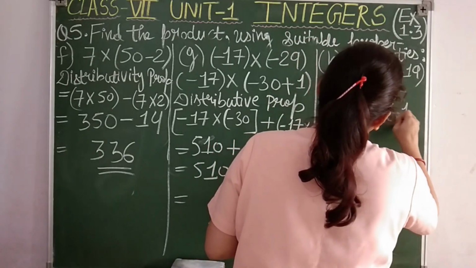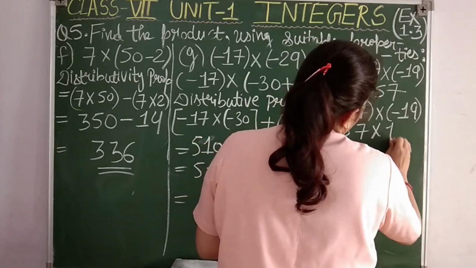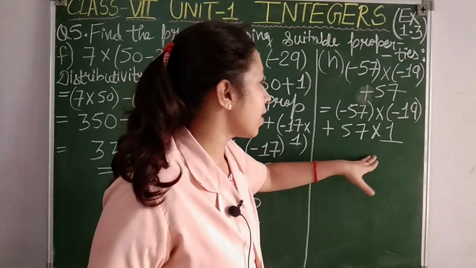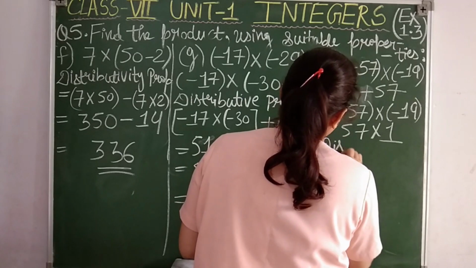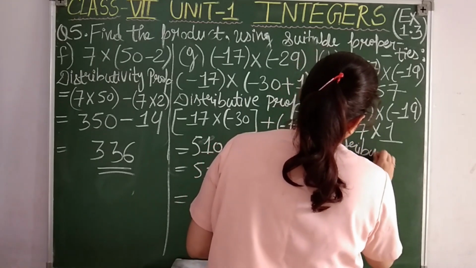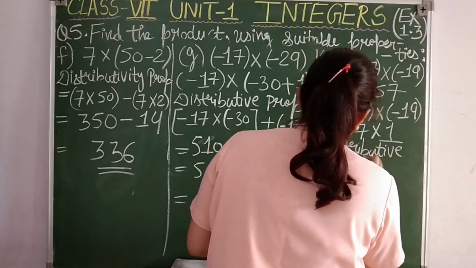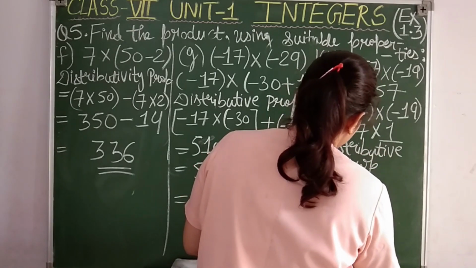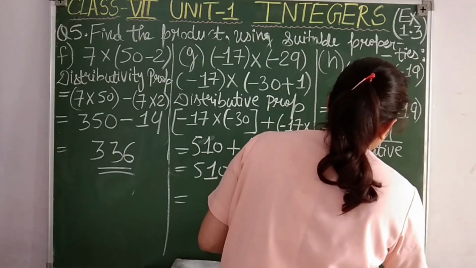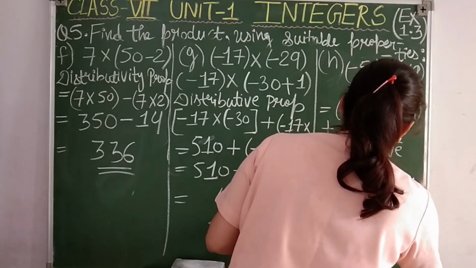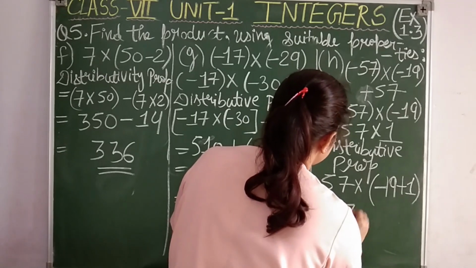Minus 57 into minus 19 plus 57 into 1. Understood, students? Now 57 ones are 57 only. So let's see. Mention here that we are using distributivity property and solve. Take 57 as common, then 57 into minus 19 plus 1, then 57.